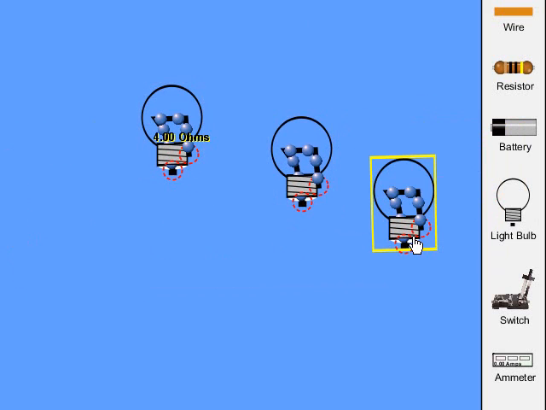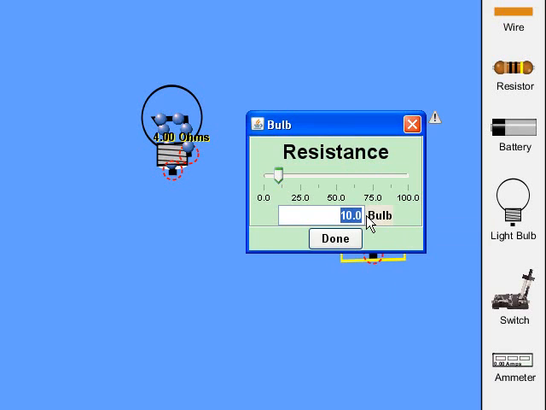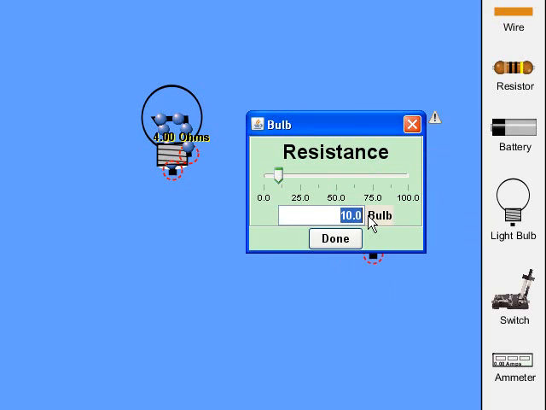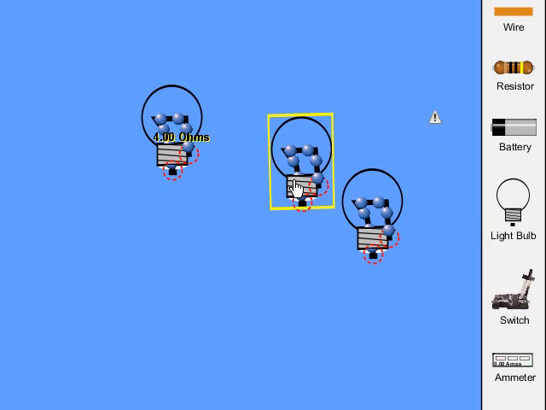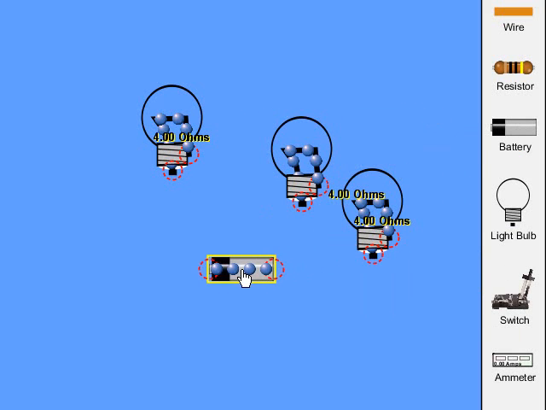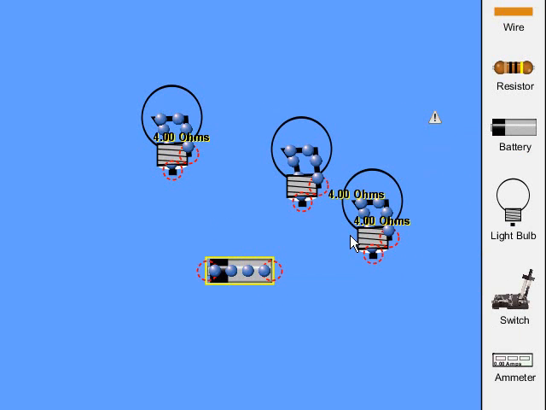Show the value, get another couple. Ohms, show the value, need a battery, and 6 volts for these.